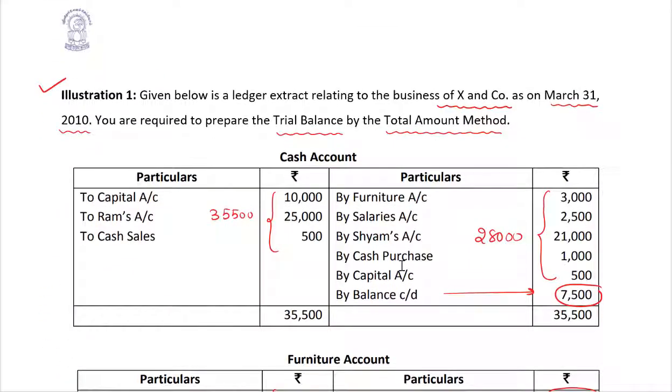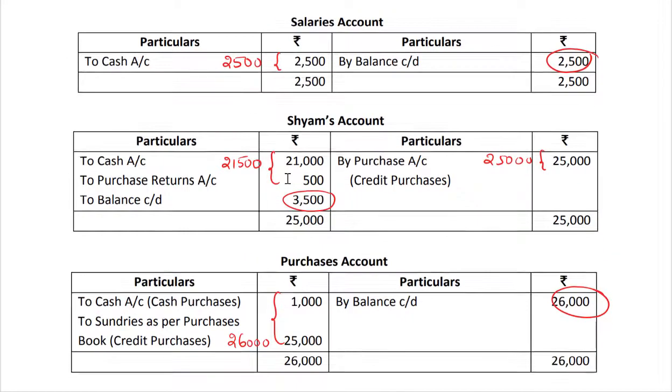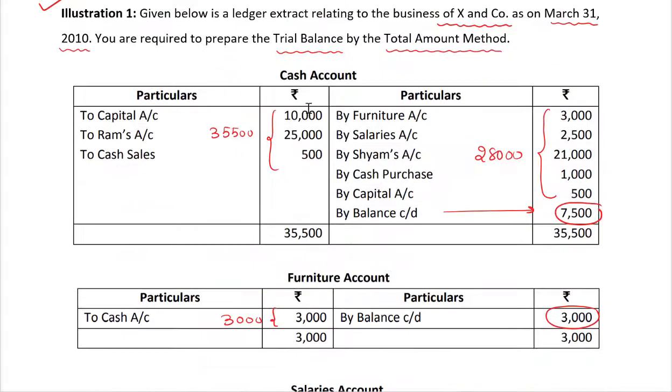First write the names. So we have cash account, furniture account, salaries account, Shyam's account. So cash account, it is 35,500 on the debit side, and on the credit side it would be 28,000.